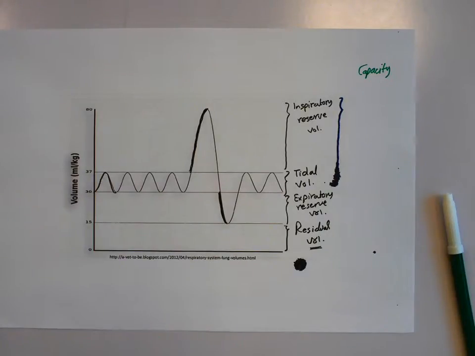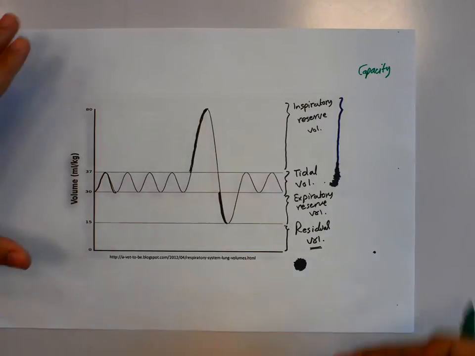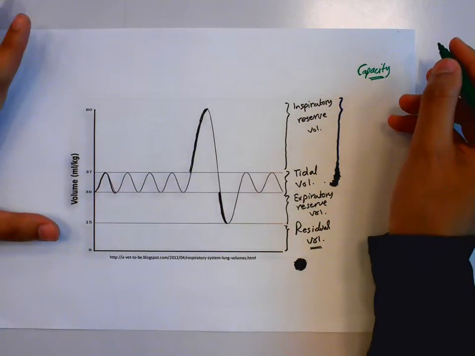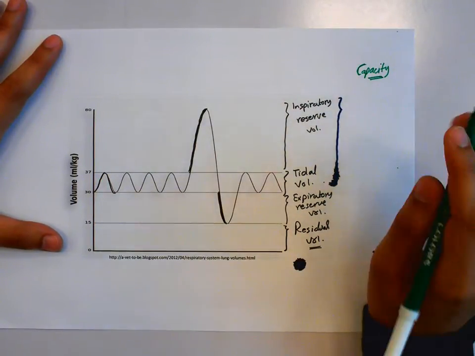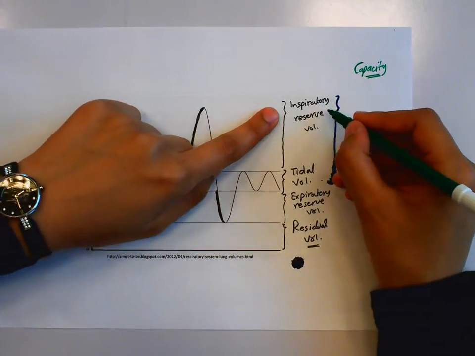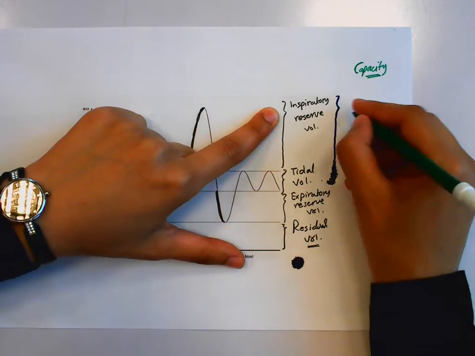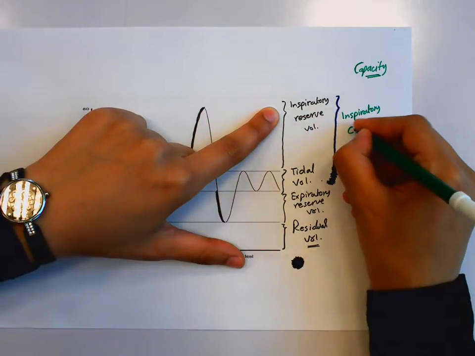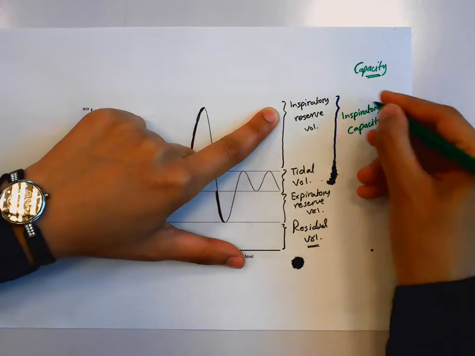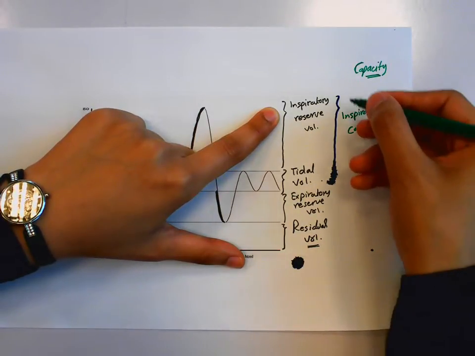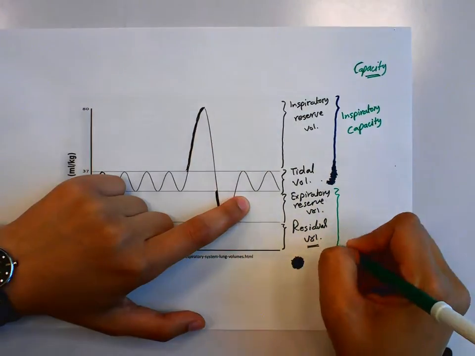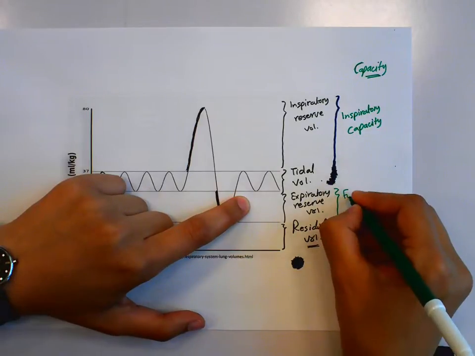There is another important concept, it's called capacity. What is capacity? It's simply the addition of two or more of the lung volumes. For example, if you add the inspiratory reserve volume with tidal volume, we get something called inspiratory capacity, the total capacity that the lung can inspire from air. If you add expiratory reserve volume with residual volume, you will get functional residual capacity.